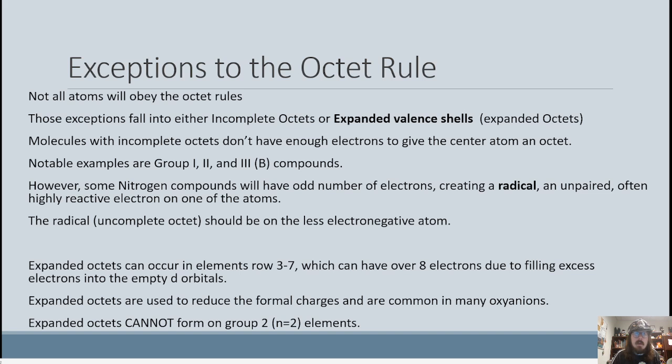Now, the incomplete octets are the simplest: they will not have enough electrons to give the center atom an octet. That's usually the situation.